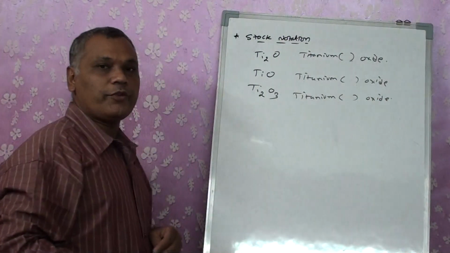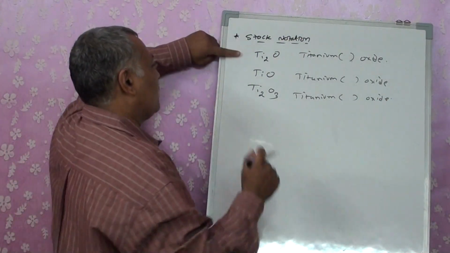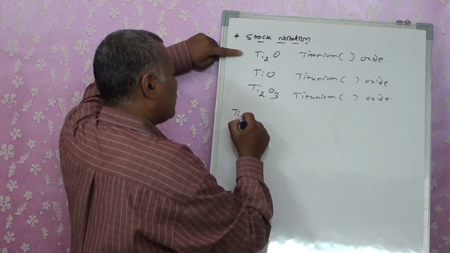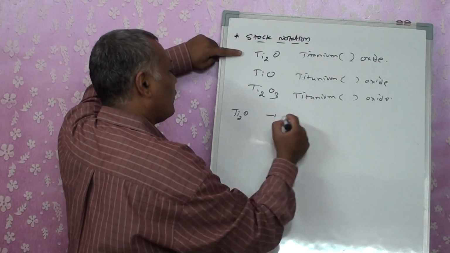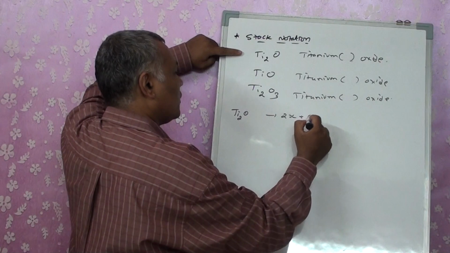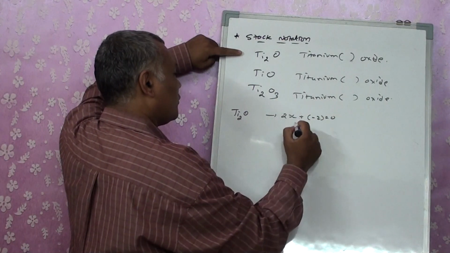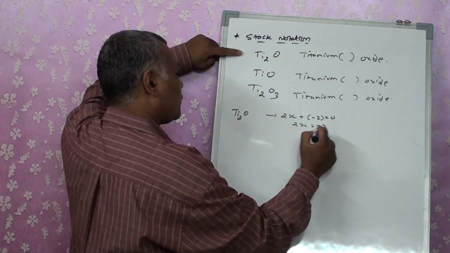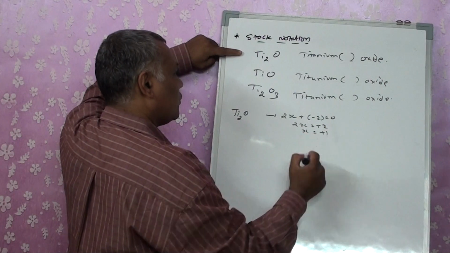Now, as per the rules, we know how to distinguish them. We calculate: for Ti2O, 2x plus minus 2 equals 0, 2x is equal to plus 2, so x is equal to plus 1.